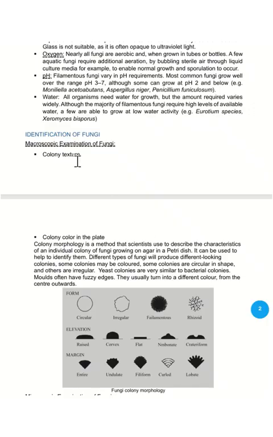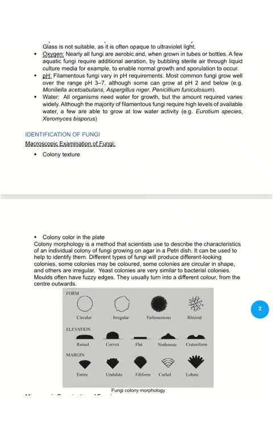For macroscopic examination, you can note the colony texture and the colony color in the plate. For the yeast, usually the colonies resemble those of the bacteria, but you can further identify it by the second step, which is the microscopic identification.